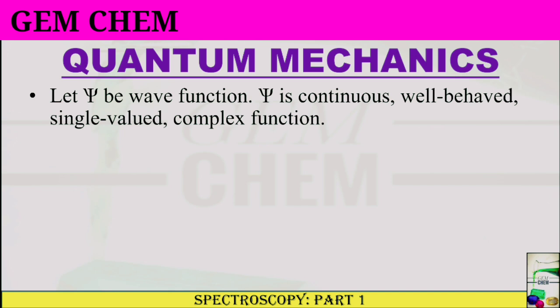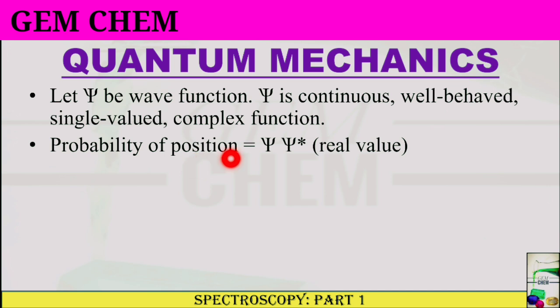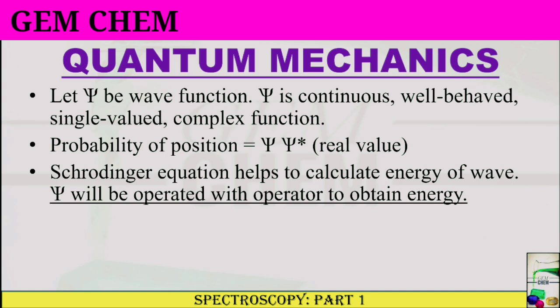So we are going to only observe the distribution of probability of position of a particle, and this can be given as psi star psi, and on multiplying both, it gives you a real value. Schrodinger equation helps us to calculate the energy of the wave, and this is operated over using an operator to obtain an energy, and this is a general statement.